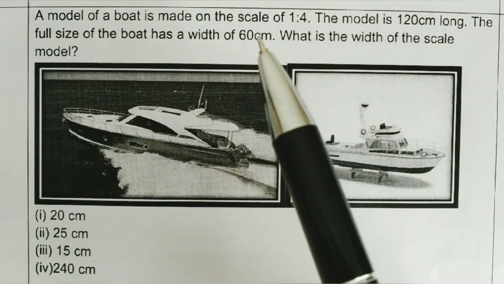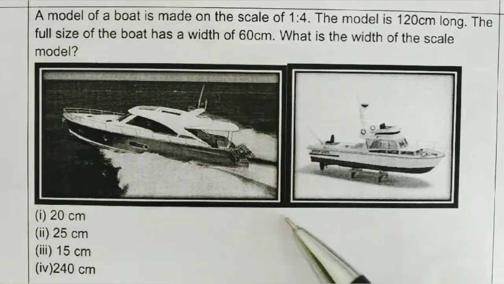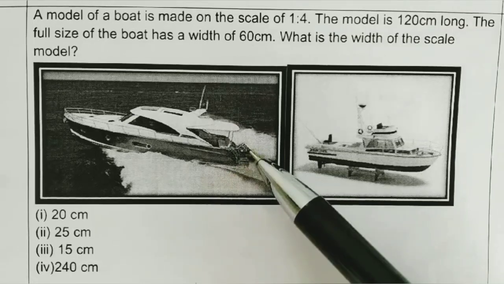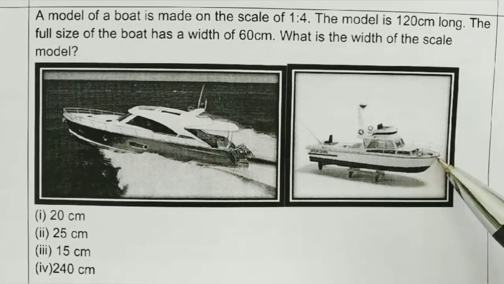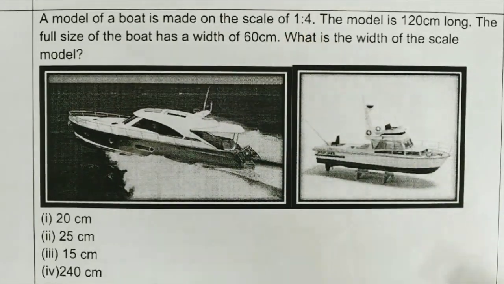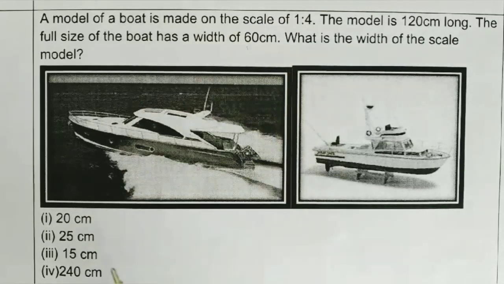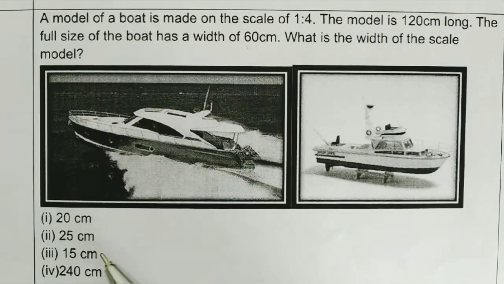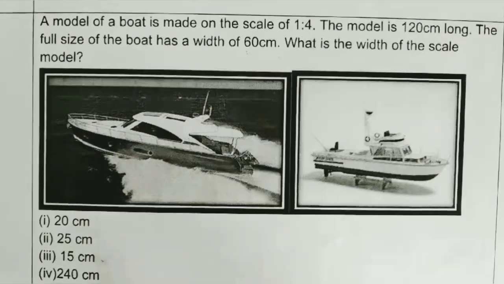If the width of the boat is 60, what would be the width of the model? Width of the model has to be according to the scale factor, which is 1/4 of it. So 1/4 of 60 would make it 15 centimeters. So the third option would be the right answer in this case. It is 15 centimeter.